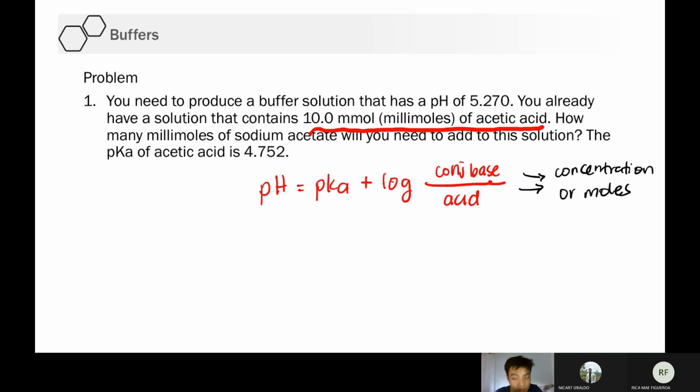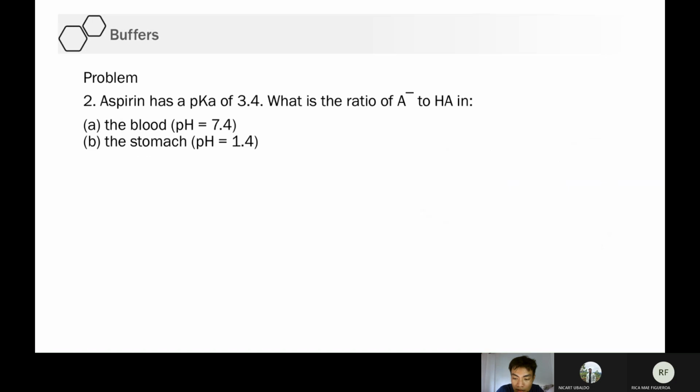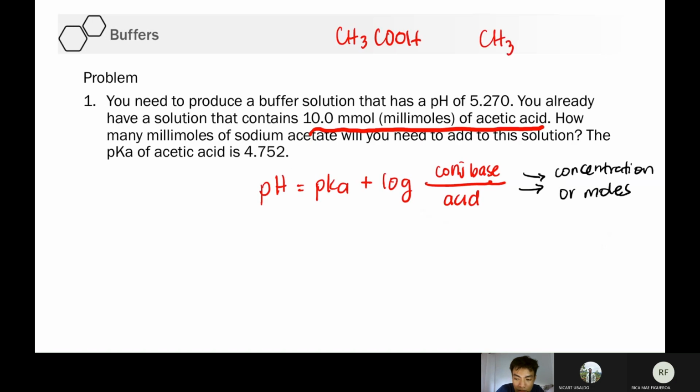Ano yung conjugate base ng acetic acid? Edi yung acetate. Okay? So, ganun yung usual na nangyayari. Sodium acetate, acetic acid. So, yun yung mga partner. Mas madali yan makita kapag may chemical equation ka. No? So, ang acetic acid that is written as CH3COOH, and sodium acetate that is written as CH3COONa.